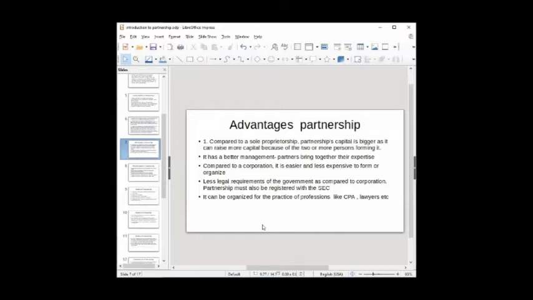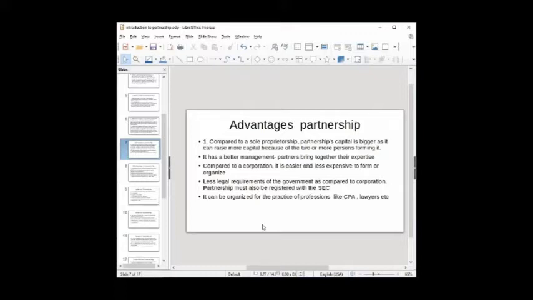Another advantage is that it has better management, which means all partners bring together their expertise. Another advantage is that compared to a corporation, it is easier and less expensive to form a partnership.